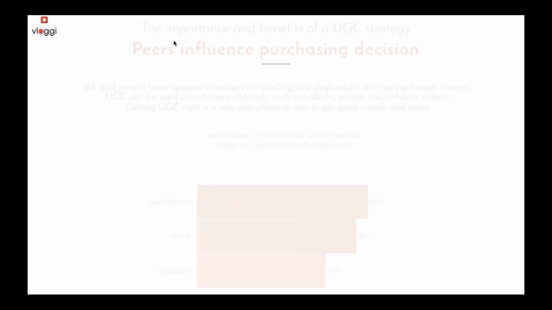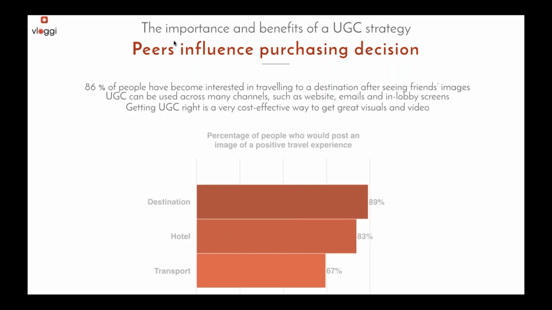Now, Stackla has done a very interesting piece of research that shows the importance and also benefits of a user-generated content strategy. In this research, they surveyed over 1,590 consumers and over 150 marketers in the US, UK, and Australia. This research tells us that 86% of people have become interested in traveling to a destination after seeing visual images in social media from their friends, family, and peers.